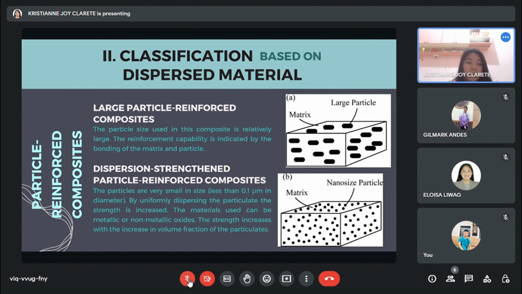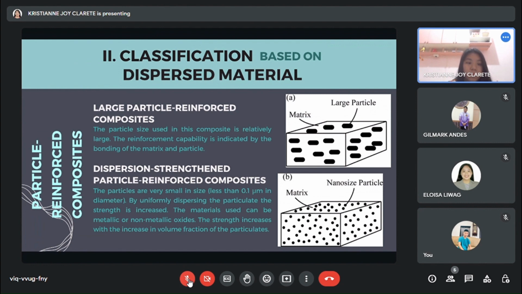Large particle reinforcement is used with all three major types of materials, namely metals, polymers, and ceramics. Its examples are concrete, automobile tires, and ceramic metal composites, also known as cermets, which have the ability to undergo deformation.